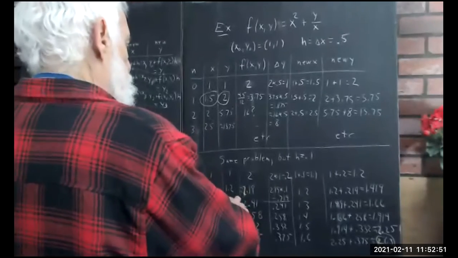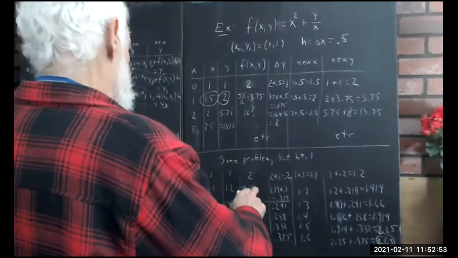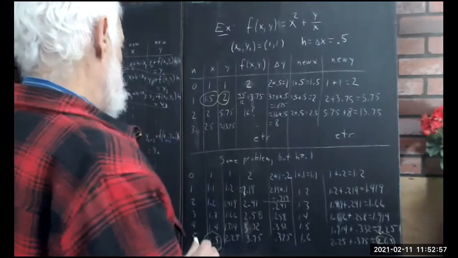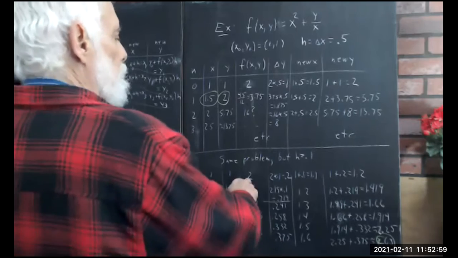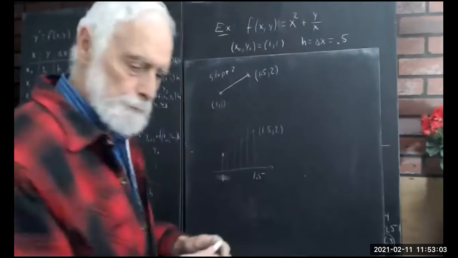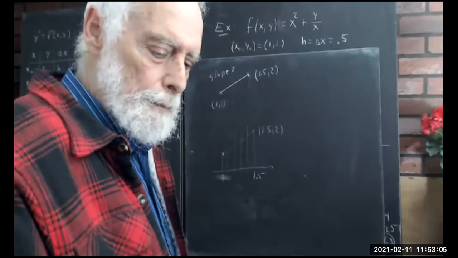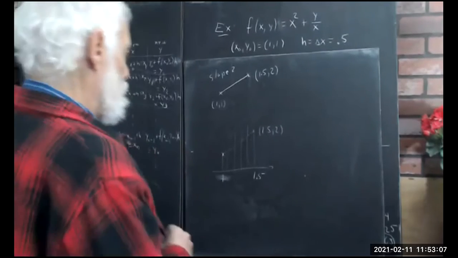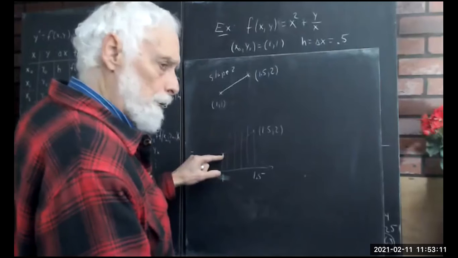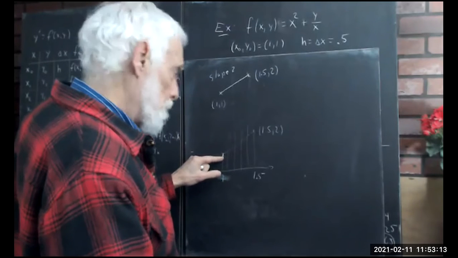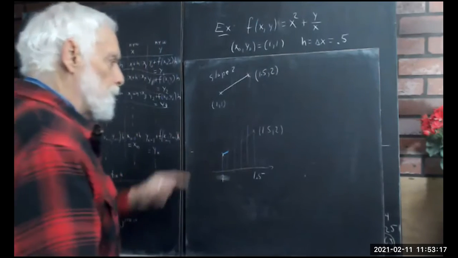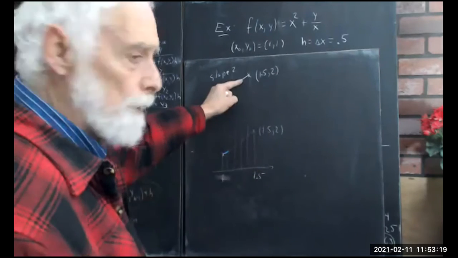We calculated a slope of 2.19. Sorry, we used a slope of 2. Okay, so in the first interval, the slope we got for the fine approximation is the same as the slope we used up here.